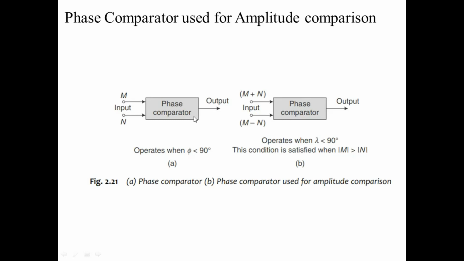The first block represents a phase comparator with two input quantities, M and N, and the last is your output. M is your operating quantity and N is your restraining quantity.